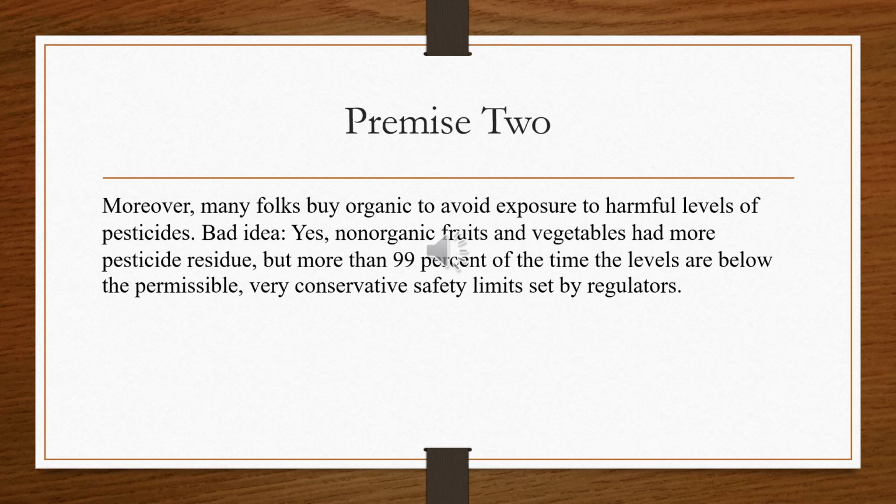It says, yes, it admits that non-organic fruits and vegetables have more pesticide residue, but more than 99% of the time, the levels are below the permissible, very conservative safety limits set by regulators. So this is a different premise. The first premise focused on the nutritional content. This premise focuses on the hazards of pesticides in the farming of organic fruits and vegetables versus conventional fruits and vegetables.